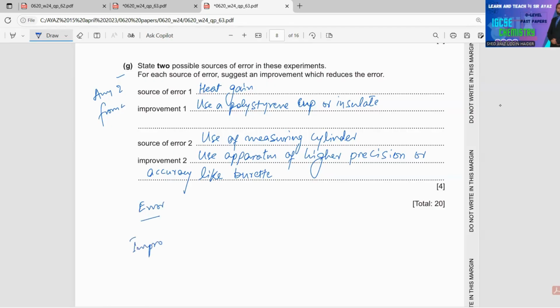You can also have error if you are having water already in the test tube. You have to use a dry or new boiling tube.